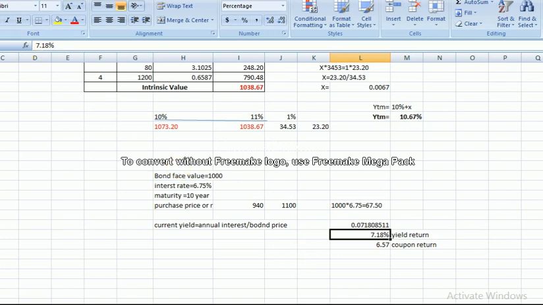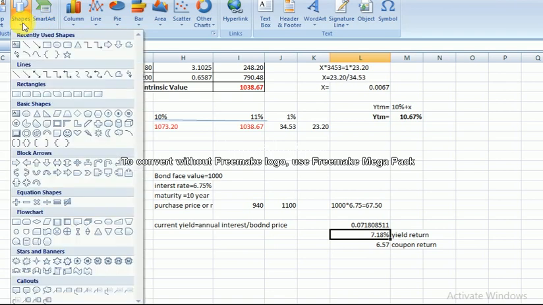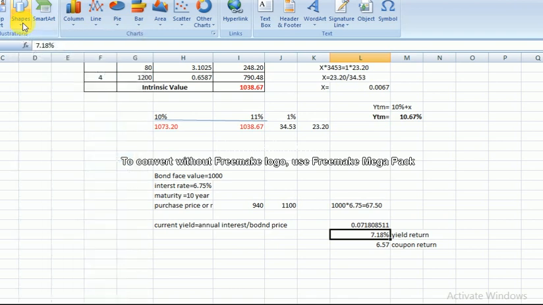When yield return is greater than coupon return, it indicates that the bond is trading in the market at a discount price.